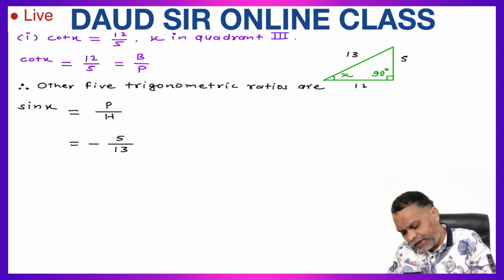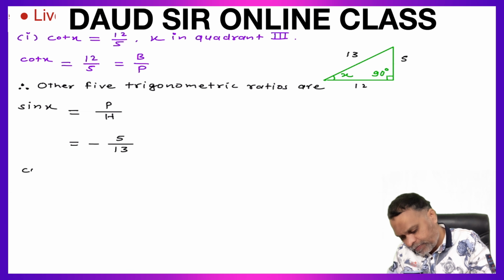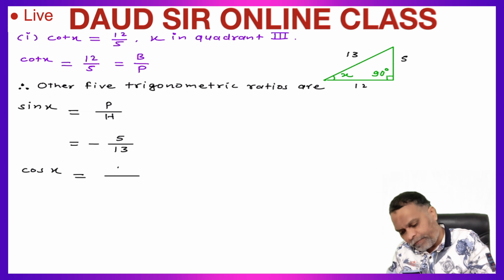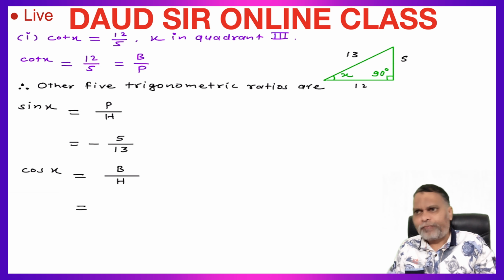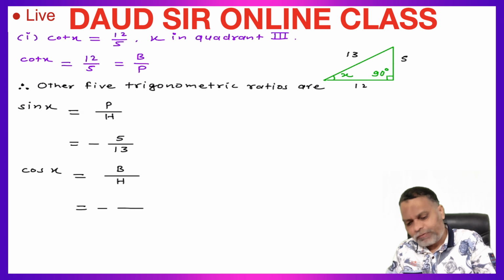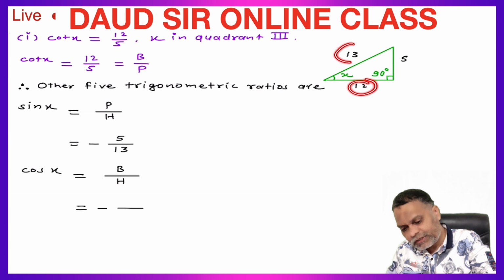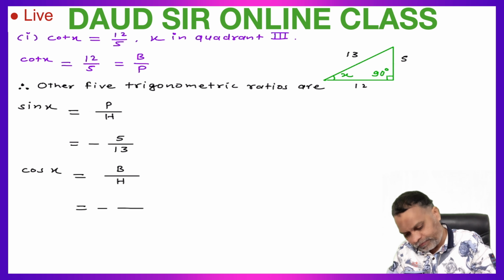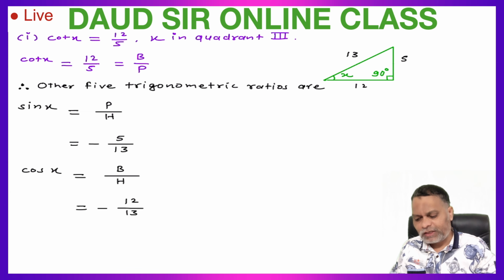Similarly, cos x is equal to base upon hypotenuse. Now cos x is negative in the third quadrant, so first of all put the minus sign here. Now put the value of base and hypotenuse. Base is 12 and hypotenuse is 13. So the value of cos x is minus 12 upon 13.